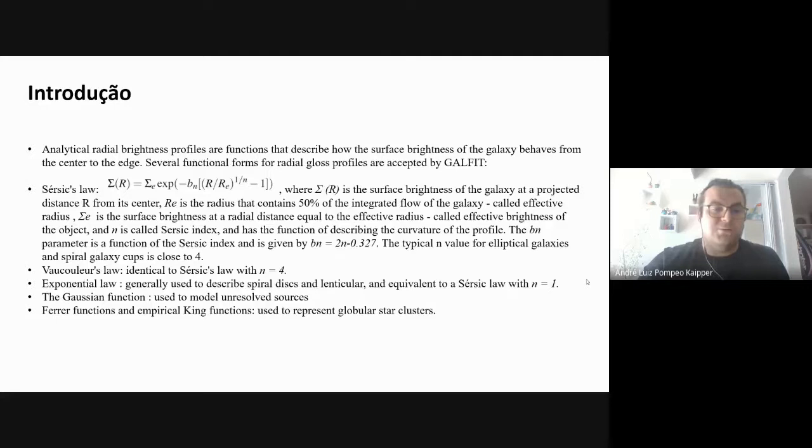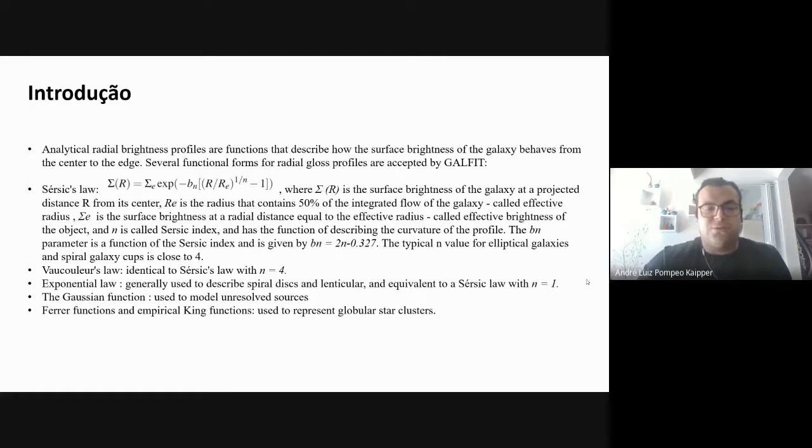I don't remember the equations either, sorry. De Vaucouleurs' law is identical to Sersic's law with n equal to 4. The exponential law is generally used to describe spiral disks and lenticular galaxies, and is equivalent to a Sersic law with n equal to 1. I use this function also; together with Sersic's law, it describes one type of galaxy that I work on too.